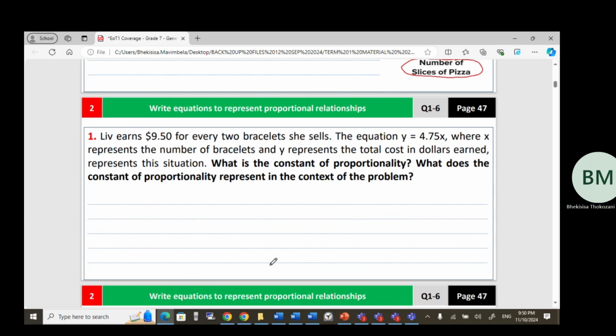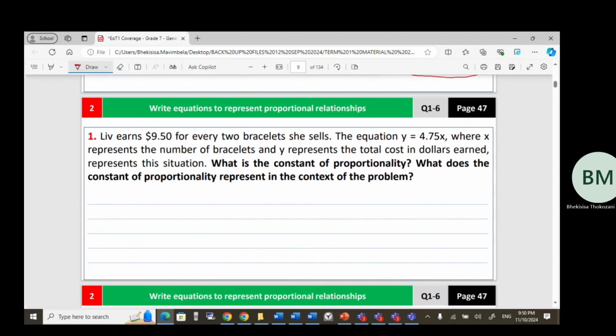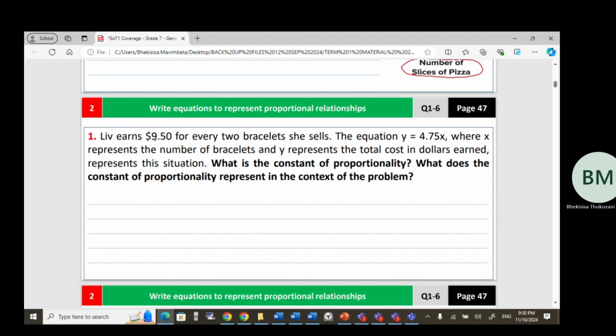Okay. So the first one says here, sometimes they write many stories just to confuse you. I don't know. Yeah. So we got Leah earns about 9.50 for every 2 bracelets that she sells.